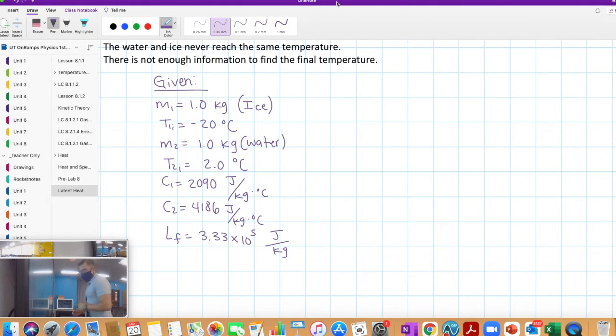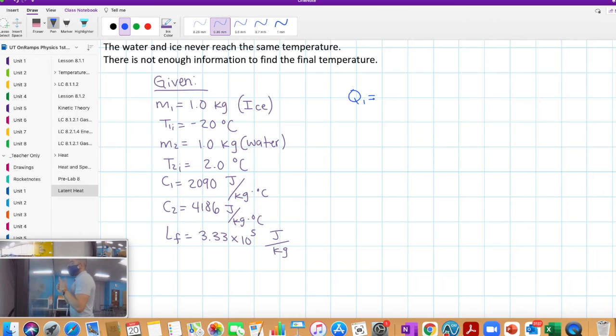We said that we need to find the energy required to melt all of the ice. So that'll be Q1. First we account, let's try it again, it looks kind of silly. Let me use blue. Q1.